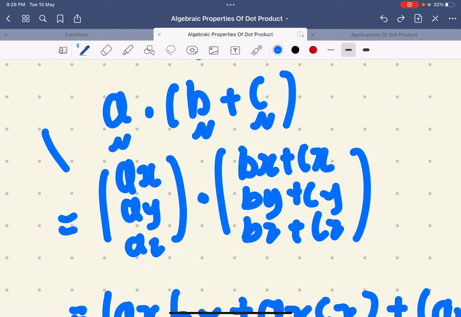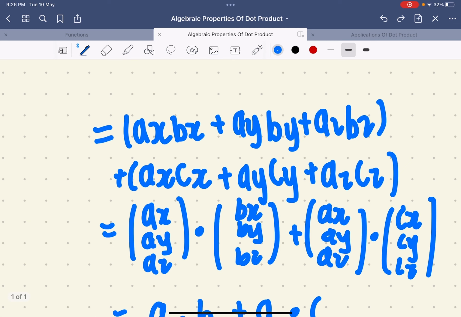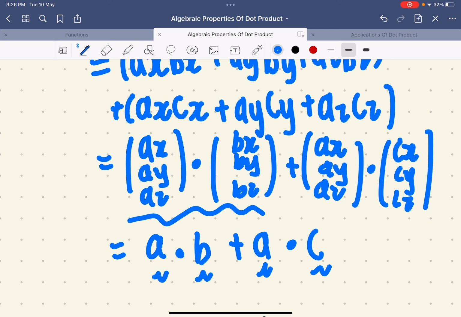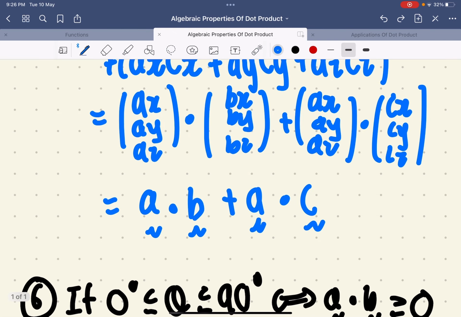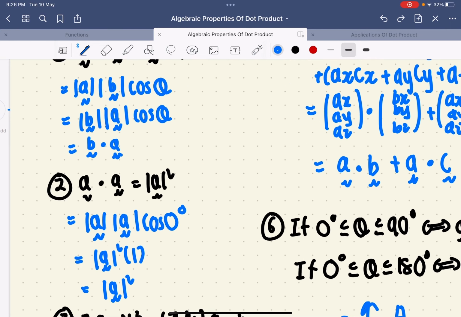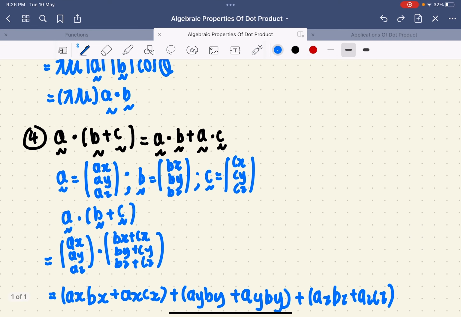You dot product it and get something like this, then you rearrange it. What is ax bx, ay by, az bz? It's just A dot B. And this part, ax cx, ay cy, az cz, is just A dot C. See? So this is the mathematical reasoning behind this.